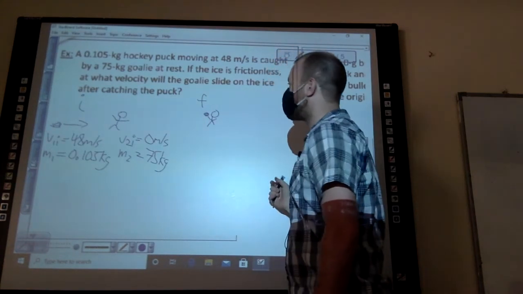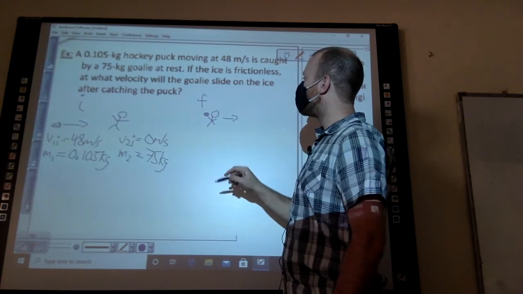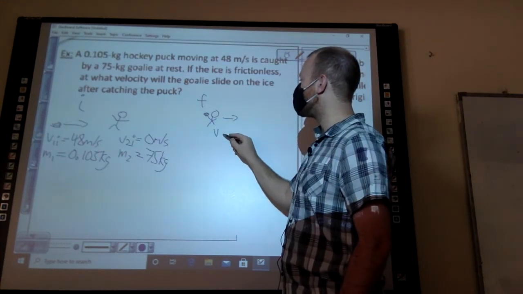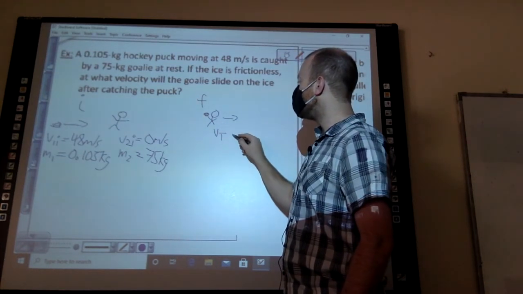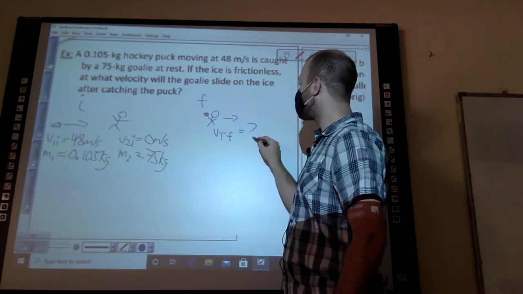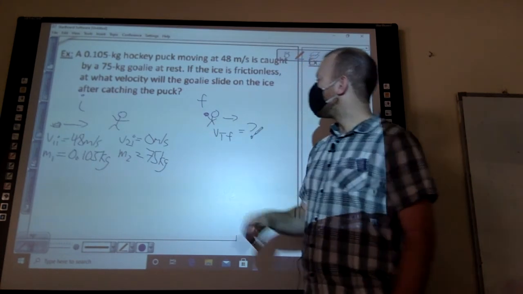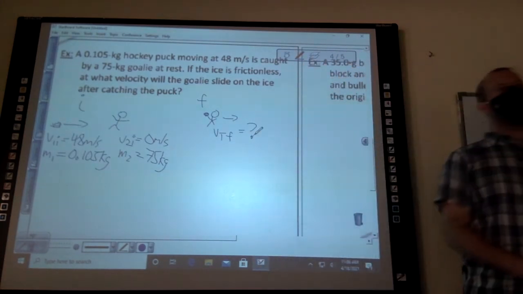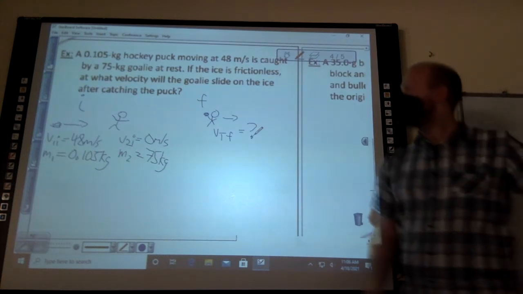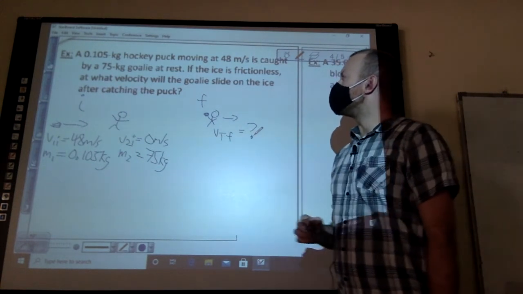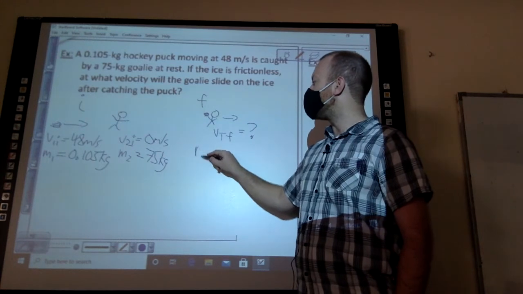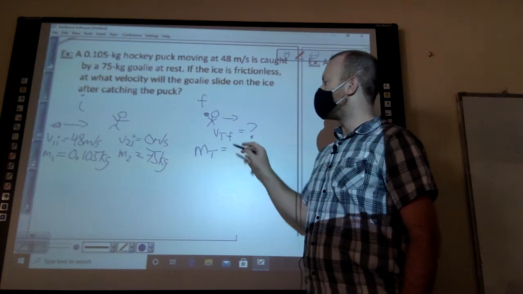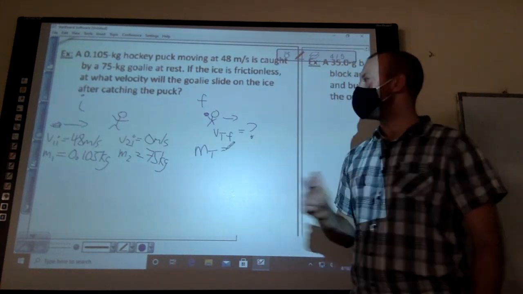So finally, here's our goalie. He's got the puck in his hand. And he's moving backwards at some velocity. So here we've got V total final. And we're doing a total because now these two objects are stuck together. So not only do I want the V total final, but I need to figure out what is the mass total, because I'm going to treat this as one object now.